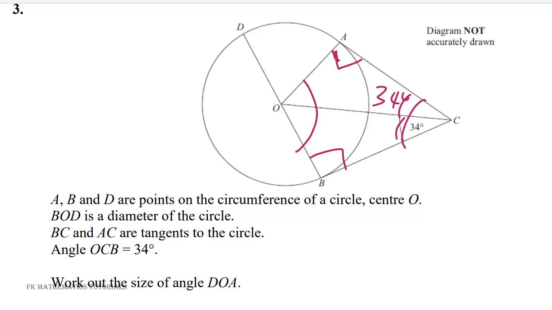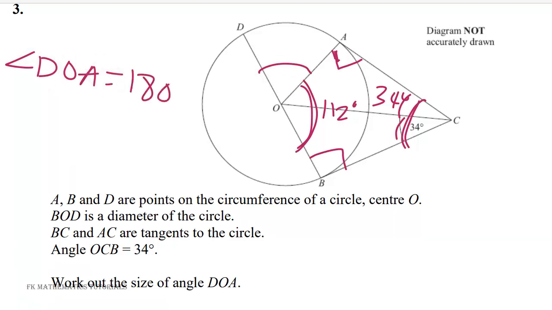So if already we have two of them being 180, then the remaining two should also be 180 degrees. So this is 34, 34, 68. This one will be 180 minus 68, which is 112 degrees. So this angle, which is angle DOA, will be equal to 180 minus 112 degrees, and that will give us 68 degrees.